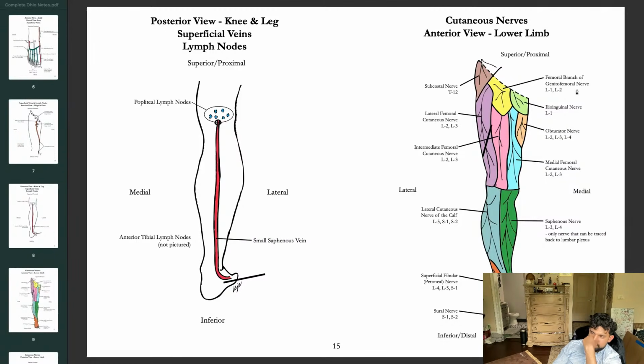It helps the ascent of the testicles, right? So the genital branch of the genitofemoral is going to be the afferent limb of the cremaster reflex.